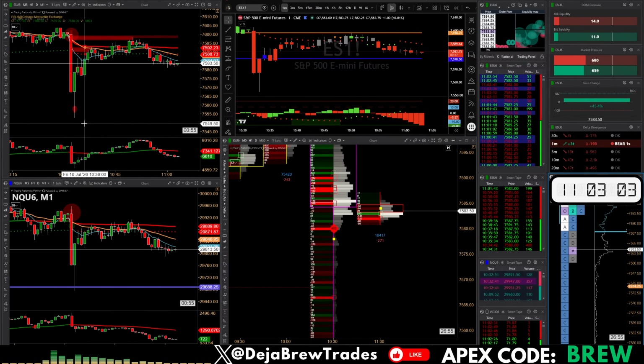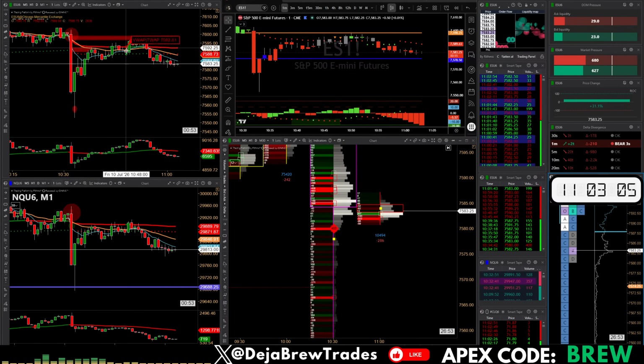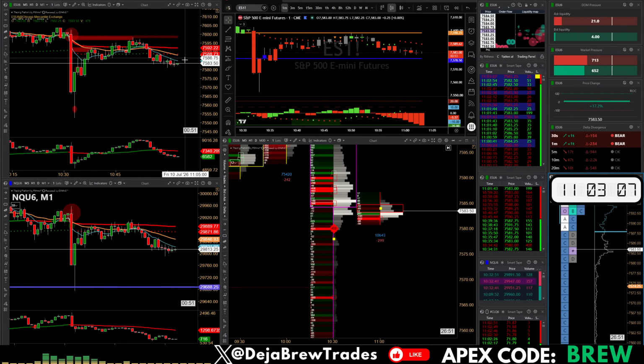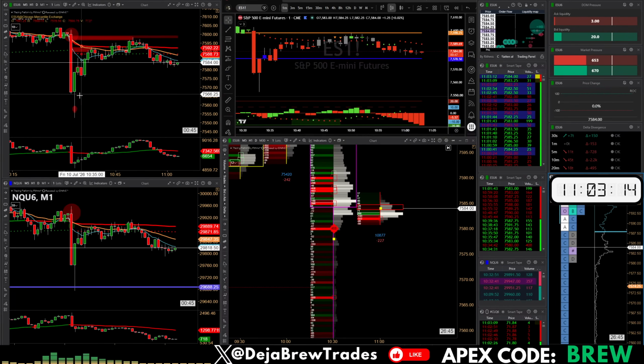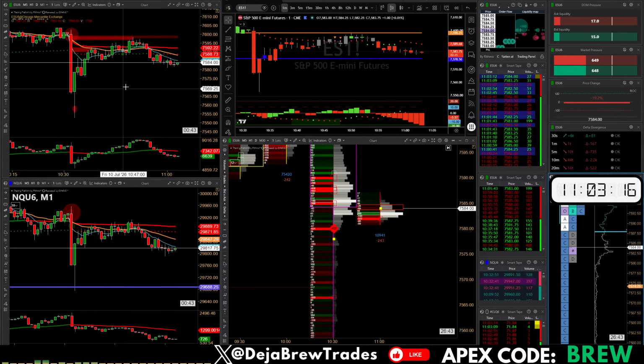This is basically just one gigantic bear flag in the VWAP, and they are still selling VWAP because they're below the EMAs here. As long as they're not fighting against those EMAs, that bear flag in the VWAP is trying to go back to that low.